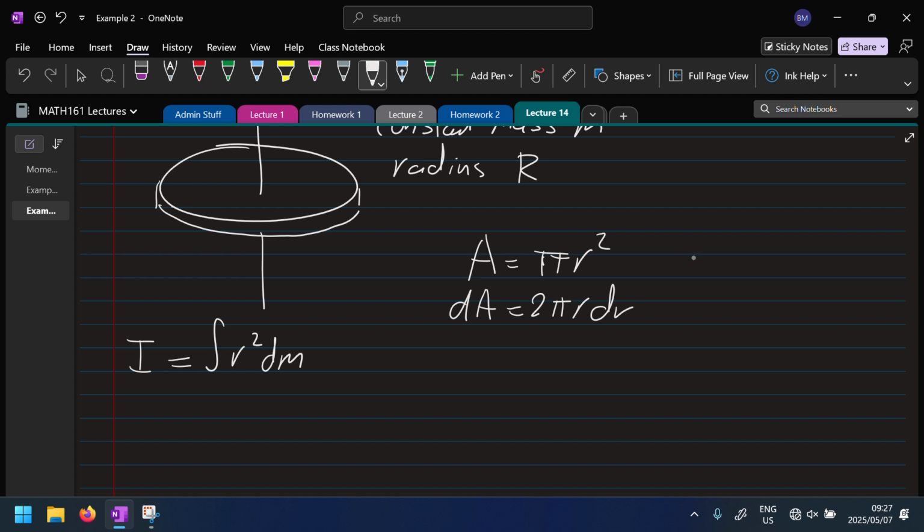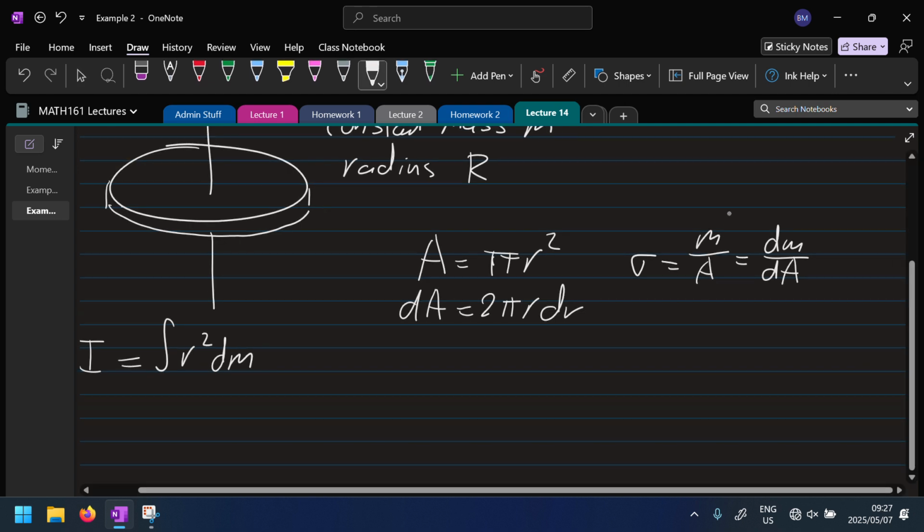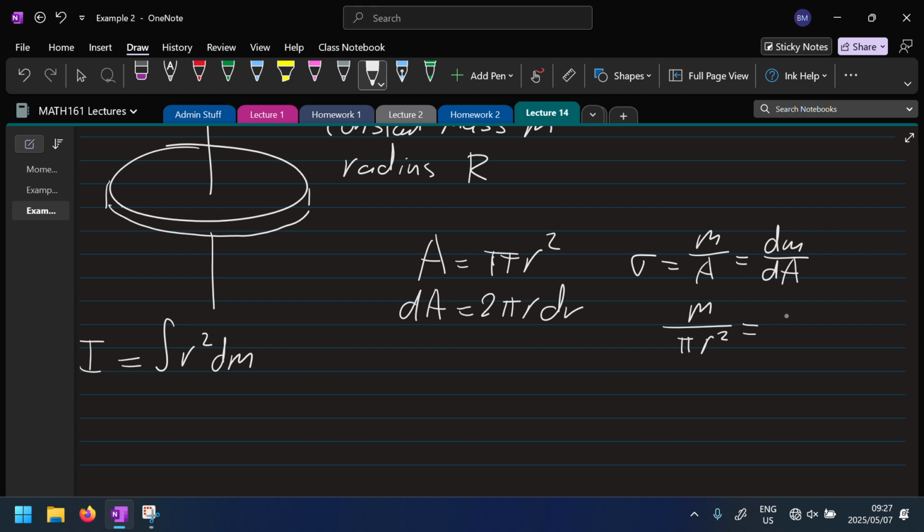That was that sigma, which was m over A. And that's also dm by dA, because it's constant, those two are going to be equal. So we have mass over the area, which is pi r squared. That will be dm over dA, but we have that on the side there. That's going to be 2 pi r dr.